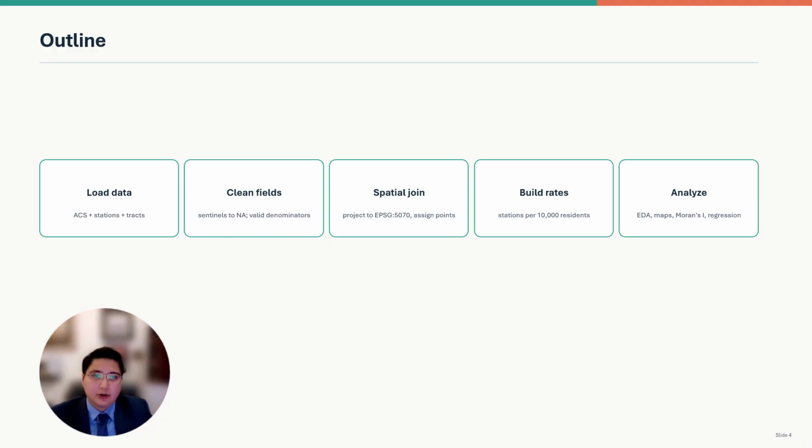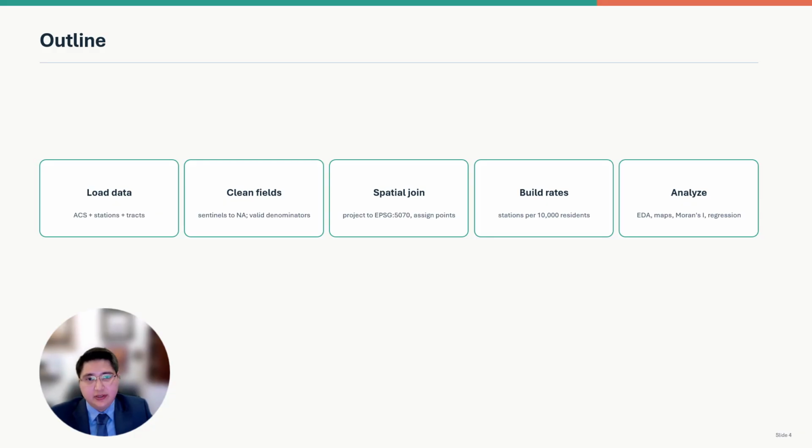This is the workflow of the project. I start by loading three datasets, which I'm going to describe in more detail. Then I perform data cleaning. After that, I project the spatial layers and use a spatial join to assign each station point to the census tract that contains it.